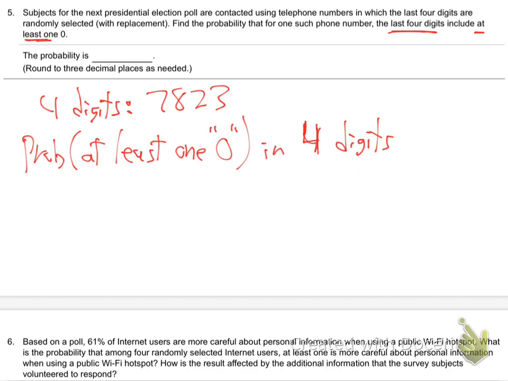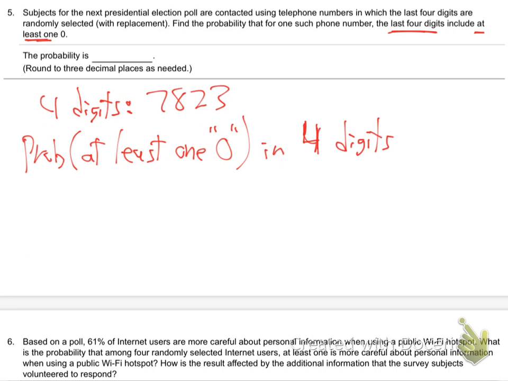At least one 0. One out of 10. So if a digit is random, how many digits are there? There's 10 possible, because 1 through 9 and 0. So there's 10, like there's 6 sides on the dice, or 2 genders, boy, girl. There's 10 possible digits, huh? 1 through 9 and 0.